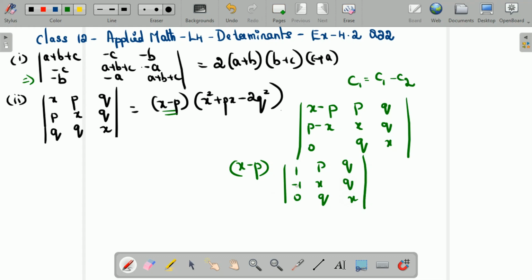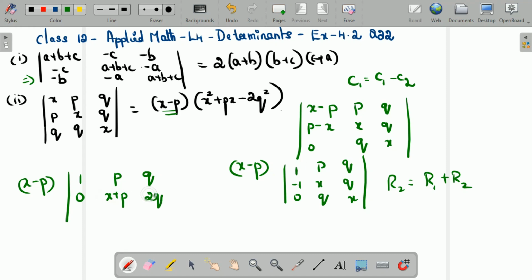Now let's make the next transformation, which is R2 is equal to R1 plus R2. So this will make this determinant (x minus p) into, remember the first row will remain as such, so 1, p, q. The second row is added to the first one, so 1 minus 1 is 0. This is going to be x plus p, and this is 2q. Then the third row will remain as such, so 0, q and x.